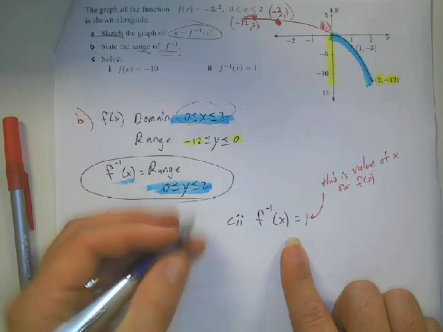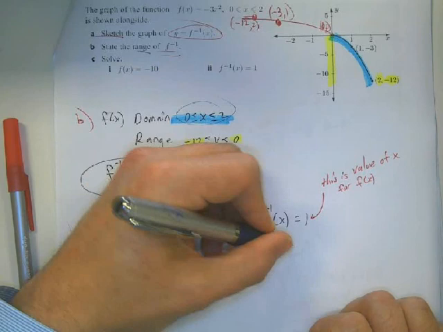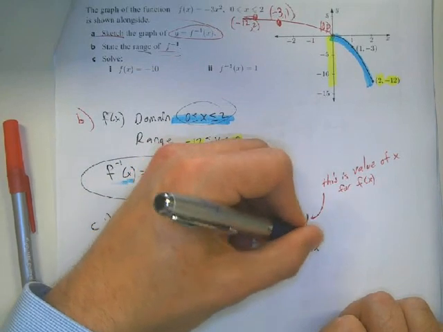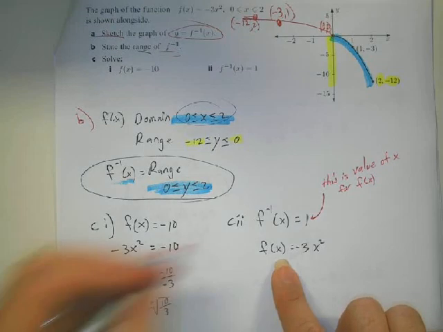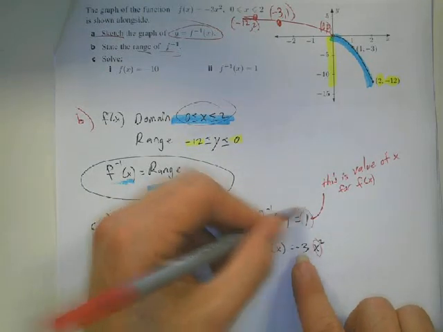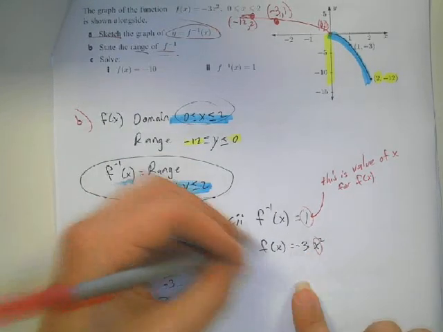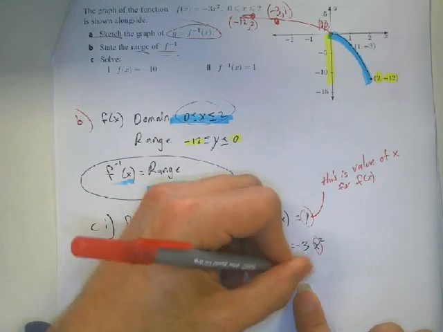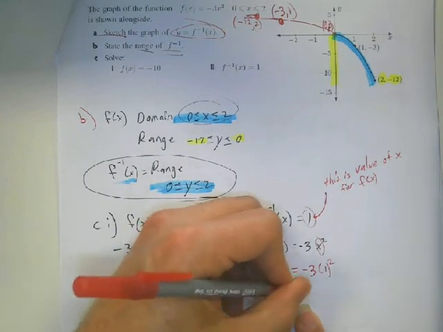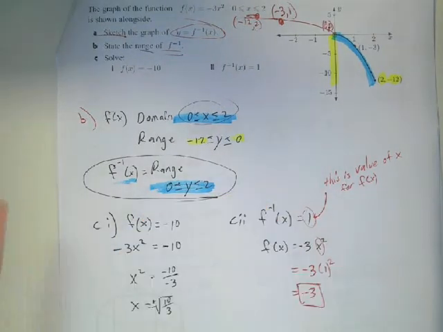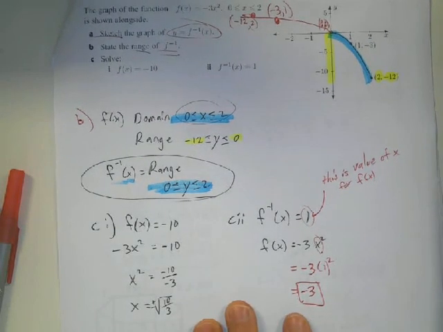So my original function, f of x equals negative 3x squared. If I'm dealing with my inverse function, I'm going to make this the value of x for the inverse function. So we've got negative 3 times 1 squared, and that's equal to negative 3. This is a little tricky, this one here. You might need to think about that one just a little bit more, and that is it.